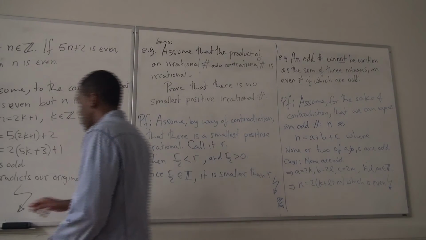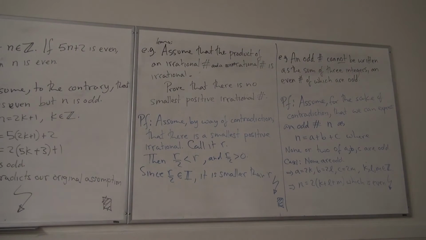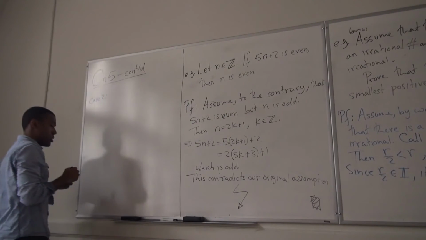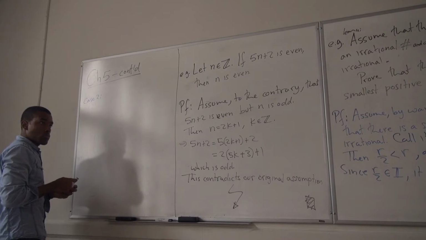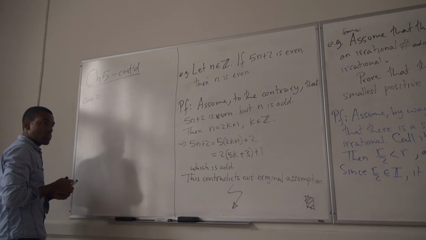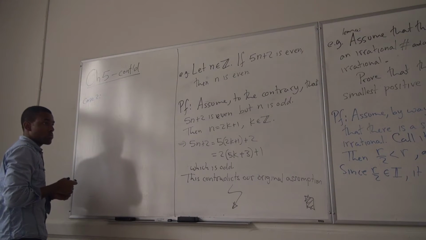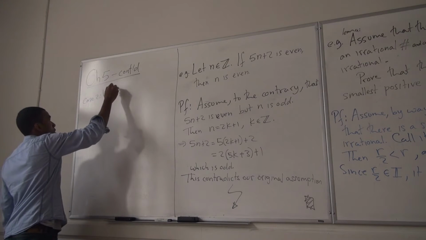In case 2, how do you write down case 2? So a equals 2k plus 1, b equals 2l plus 1, and c equals 2n for integers k, l, n. We need it without loss of generality.